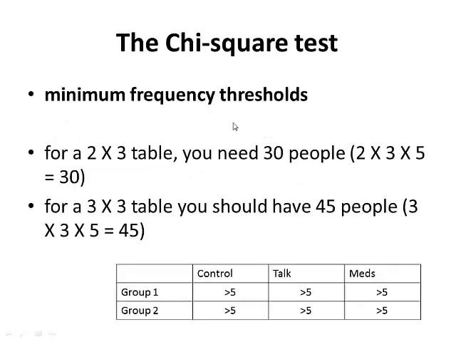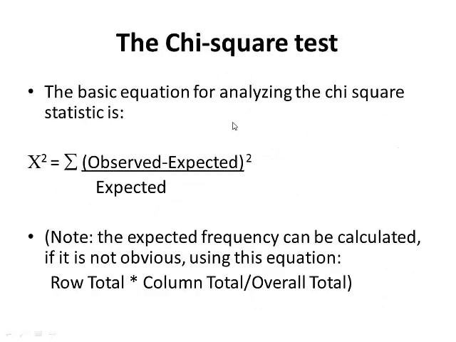So to calculate the chi-square, going back to our formula, we would subtract the expected value from the observed value for each of those cells, square it, divide by what we expected, and then we would add those all up. And I'll go through that in just a second.